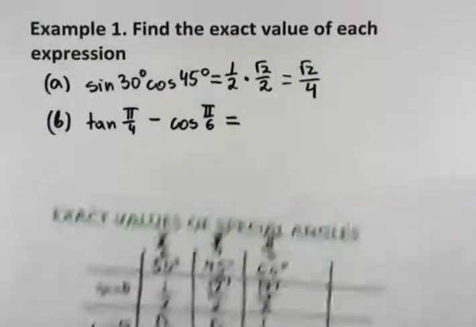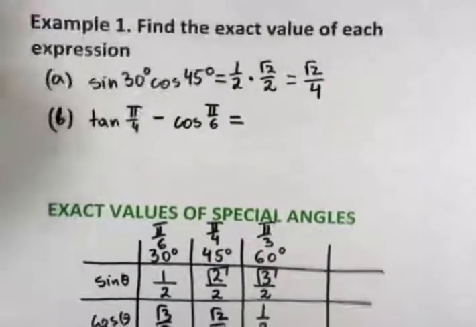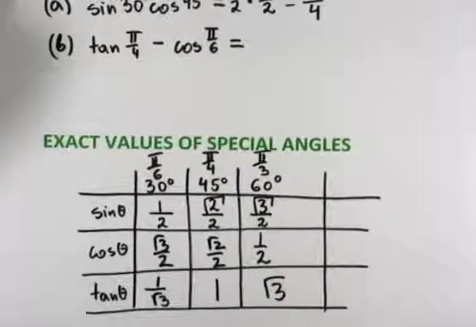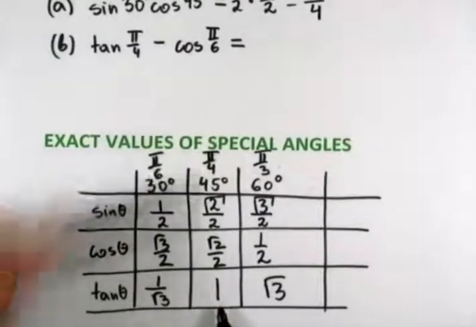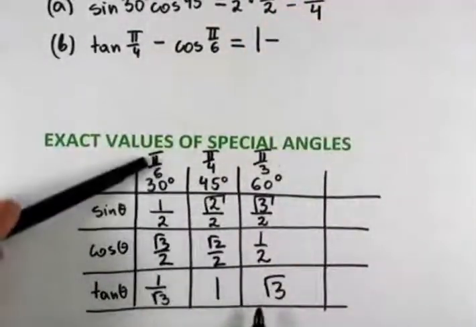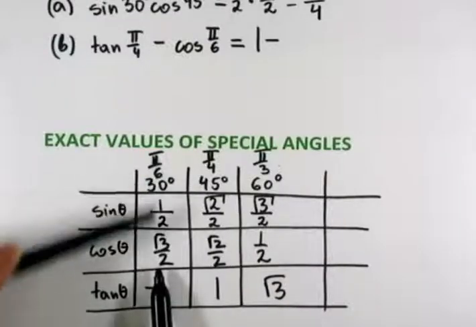When we look into the chart, tangent pi over 4 is 1. Cos pi over 6 is root 3 over 2.